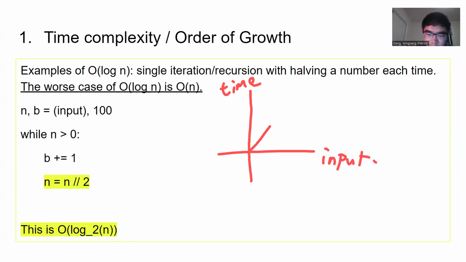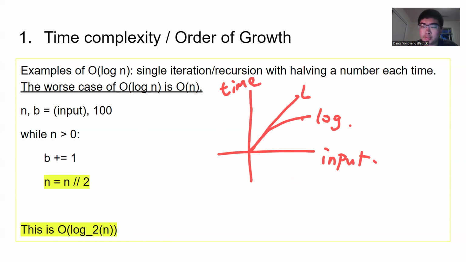So this is linear and this is logarithm. So for logarithm, it will surely be smaller than the linear.